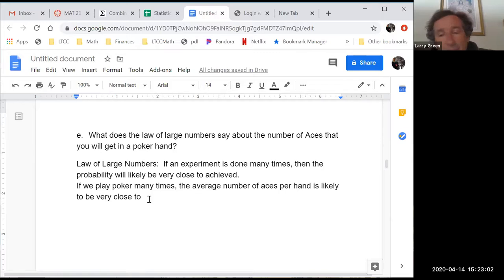Well, for any individual card, what's the probability that it's an ace? Yeah, 4 out of 52, okay, or 1 out of 13 if you want. So if you have 5 cards, that'll be 5 out of 13.